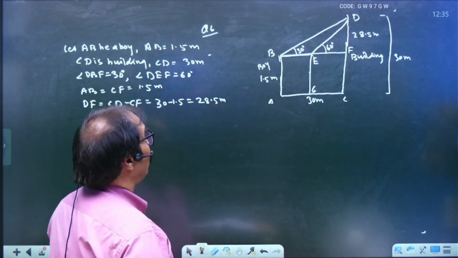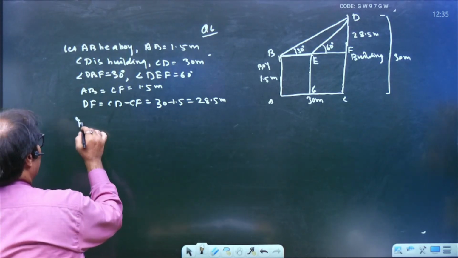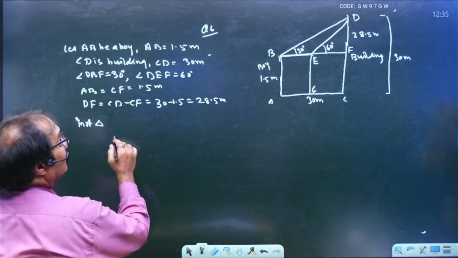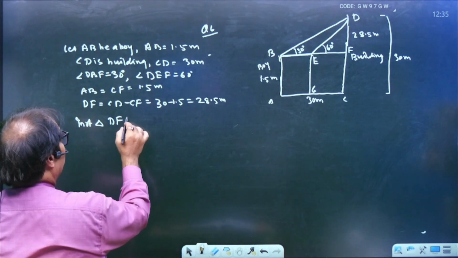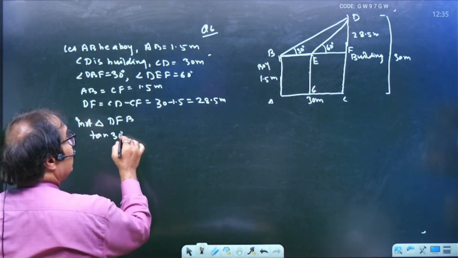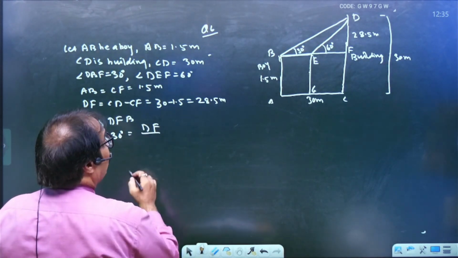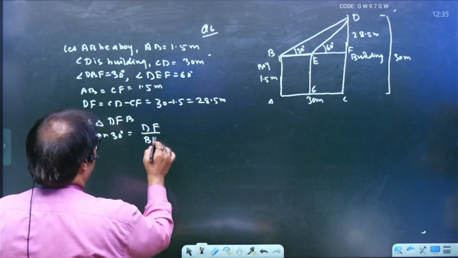Now move to right triangles. In right triangle DFB, apply tangent 30 degree is equal to perpendicular, that is DF, upon base, that is BF.